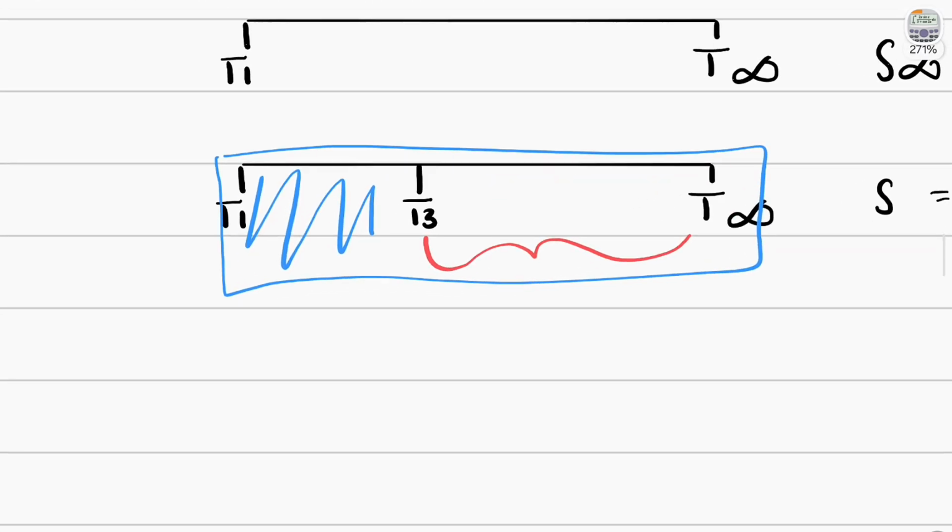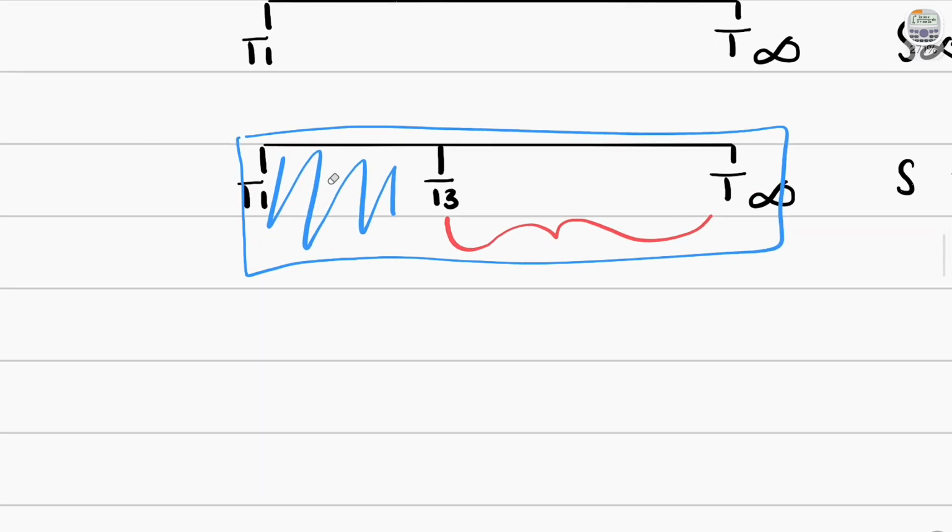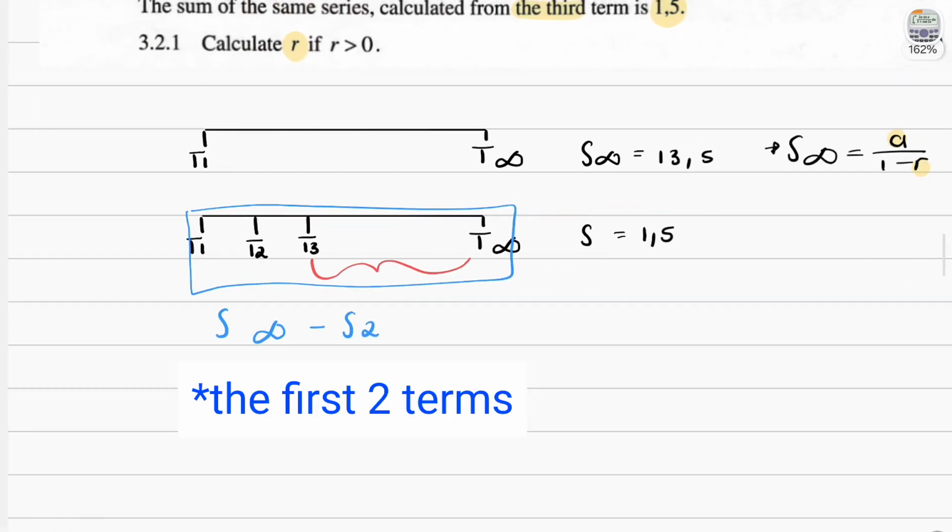That's another way we can express it, but we need to find out how to express this part, because it's the sum to infinity minus the sum of the terms before the third term. That is term 1, then term 2, and that's it. So it's just the sum to infinity minus the sum of 2 terms.